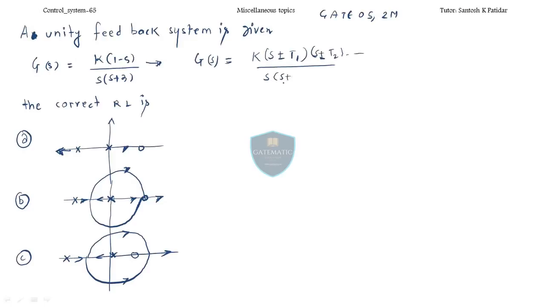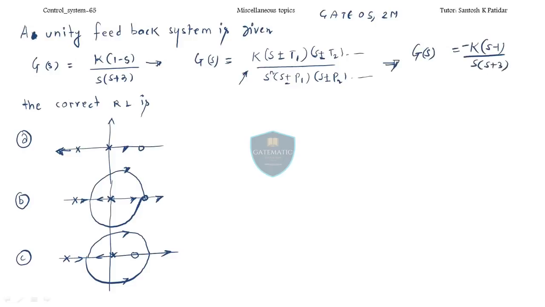S plus, suppose let's take it N1 plus or minus P1 plus or minus P2, kind of. So this is the right format. Always write like this only. So this is given here, this S is given minus. First we will convert into the standard or general format. So you will have GS, this is K times (S minus 1) and (S plus 3).